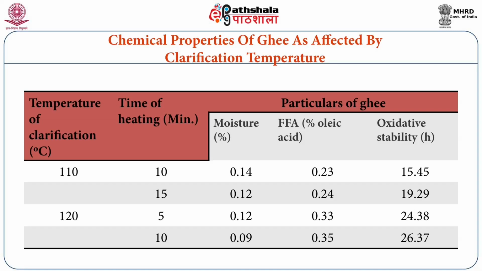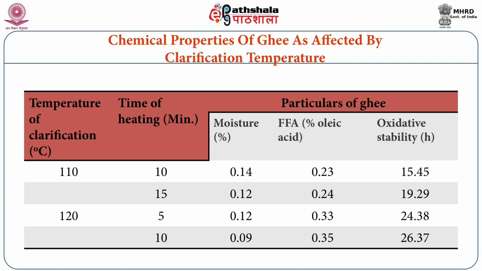Some consumers, for example South Indians, prefer more cooked ghee, whereas North Indians do not. Based on that and the shelf life, higher the temperature, higher will be the shelf life of the resultant ghee. I have given you the instance of, say, 110 degrees as clarification temperature, with a holding period at that temperature of 10 to 15 minutes.